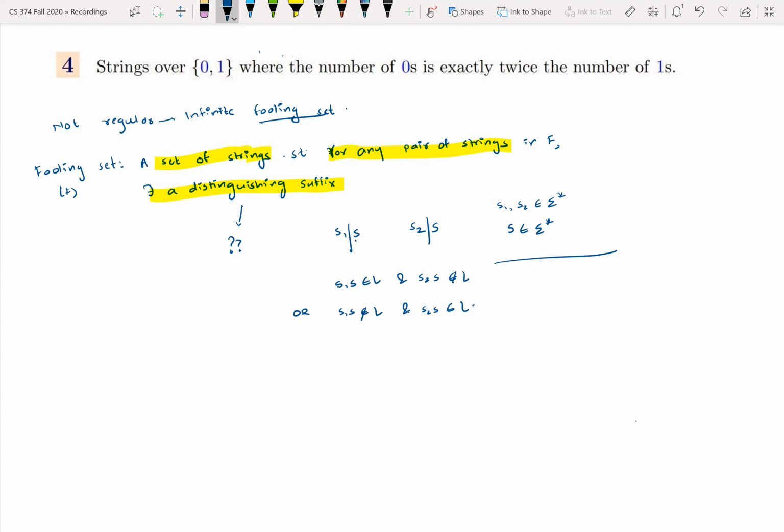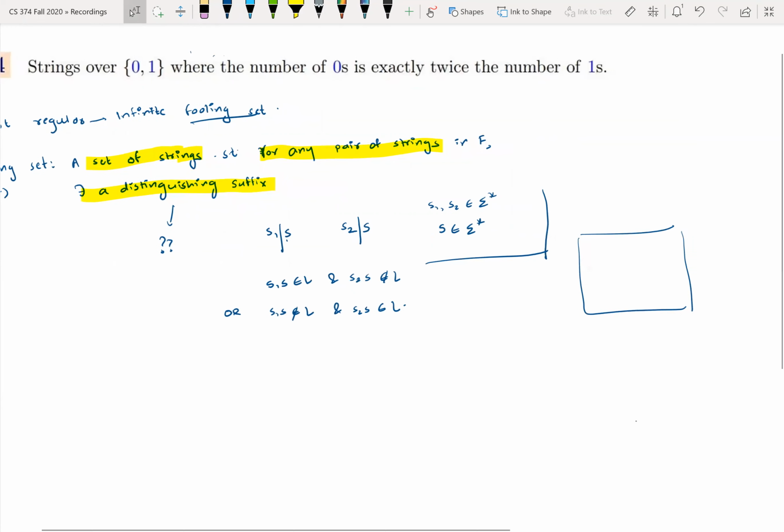So why is this called a distinguishing suffix? Suppose we have a DFA. It starts at some start state, and on s1 it will transition somewhere and end up at one particular state.